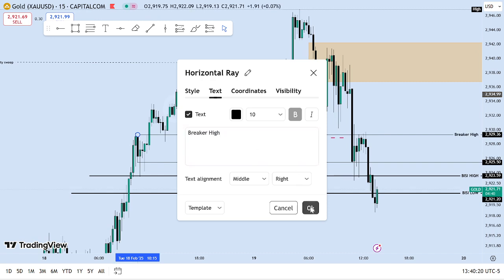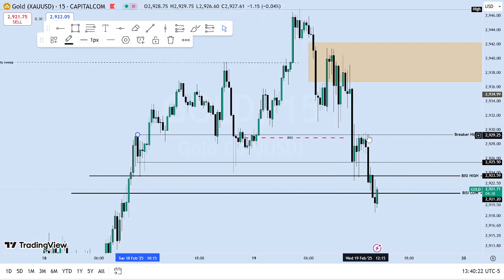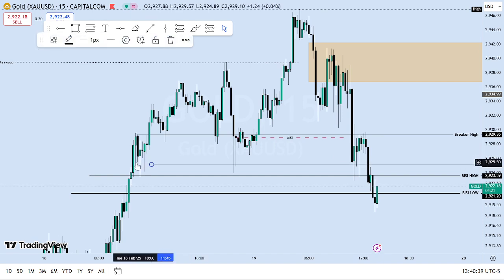Breaker high. You can see the price reaction there. It's a major resistance at the high. Only the wick is touching the high of the breaker. Trading inside the breaker, you see we break below. There is a breaker low at the low of that bearish wick.